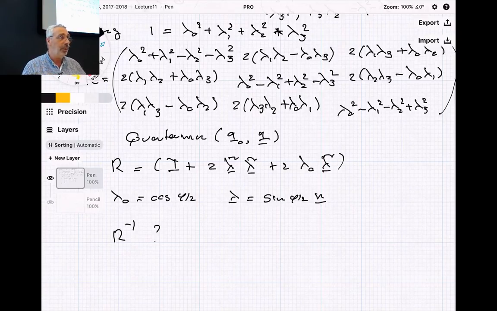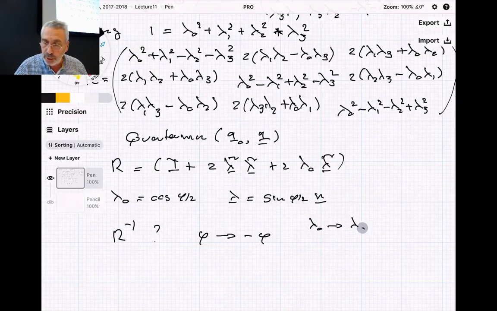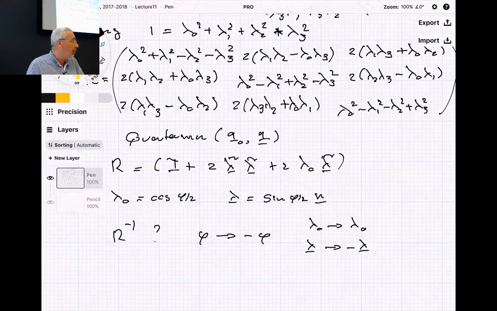We have an axis, we have an angle. So if you want to rotate backwards, which is R minus 1, then that is saying, well, the angle becomes minus the angle, right? Why not? And that means for the Euler parameters that the lambda 0 remains the lambda 0, and this lambda vector becomes minus the lambda vector. Correct? So that's rotating backwards.